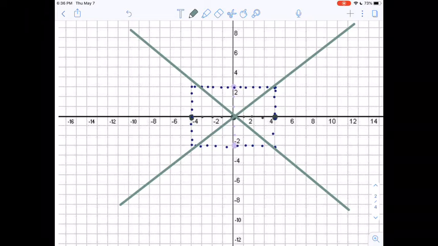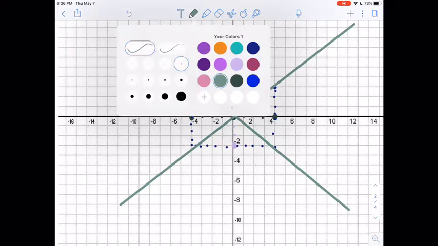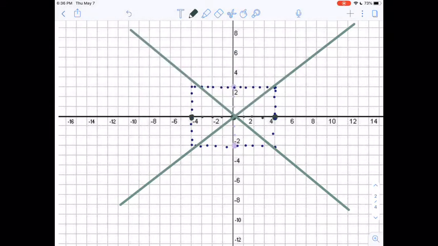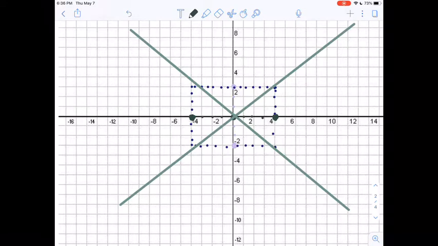It's repelling the y-axis. So when I draw this, my vertex is going to be these points that I drew right here, and my graph is going to be guided by the asymptotes that I just created.